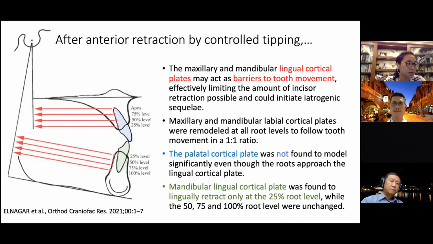Maxillary and mandibular labial cortical plates were remodeled at all root levels to follow tooth movement in a 1:1 ratio. However, the maxillary palatal cortical plate was not found to remodel significantly even though the roots approached the lingual cortical plates. And the mandibular lingual cortical plate was found to retract lingually only at the 25% root level, while the 50, 75, and 100% root levels were unchanged.